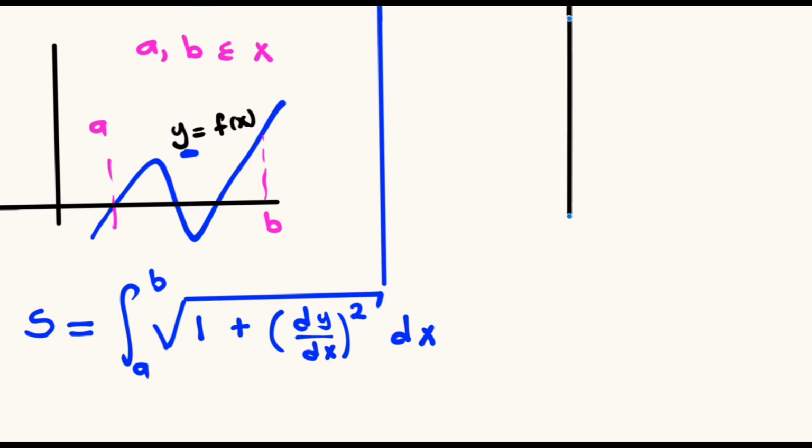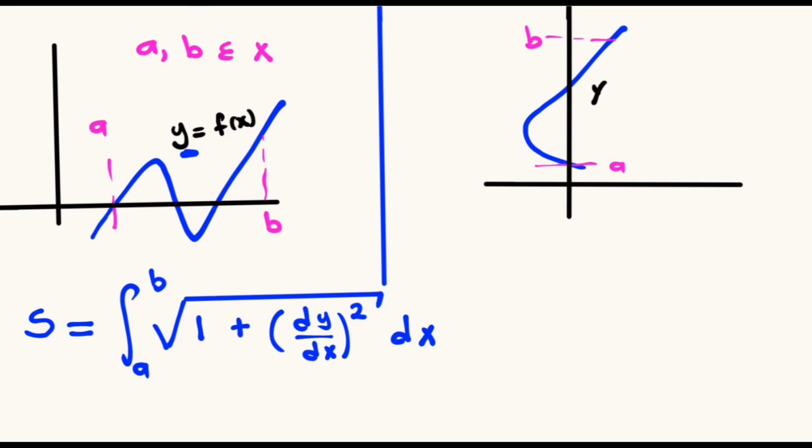Suppose on the other side we wanted to calculate the length from the point A to the point B of the function x is equal to f of y, where A and B are elements or coordinates of y.